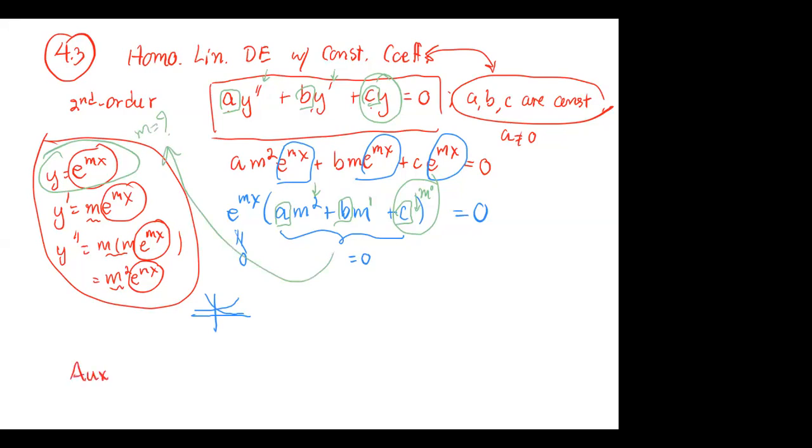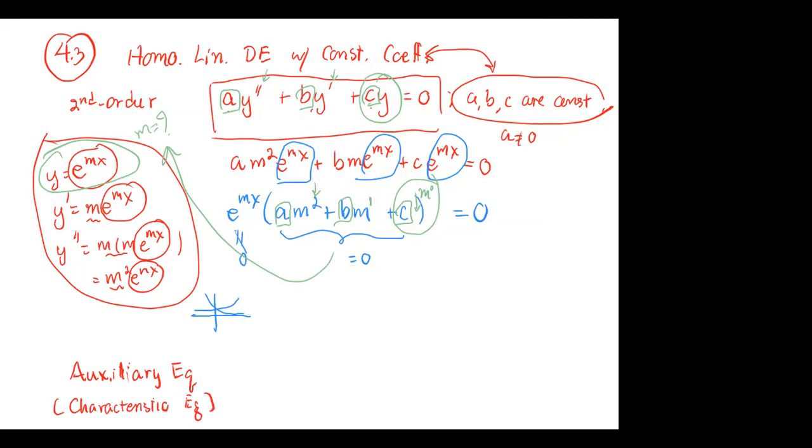So auxiliary, or characteristic equation must be easier. Some textbooks use characteristic equation. They are the same thing, but I use the Zill textbook, and based on Zill, they call it the auxiliary equation.